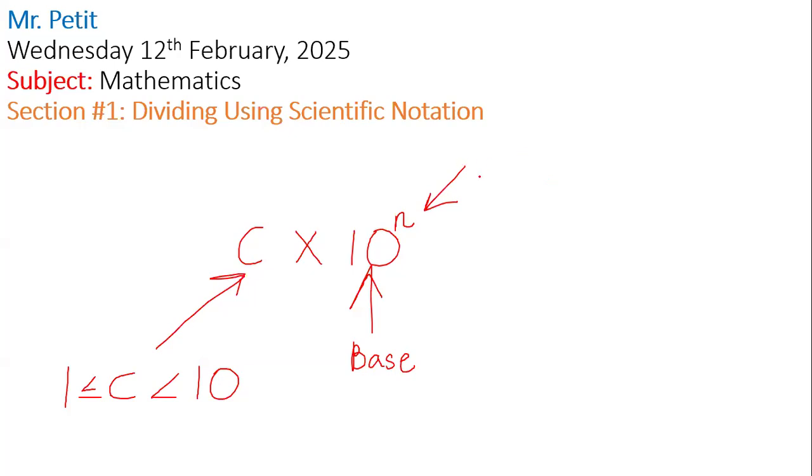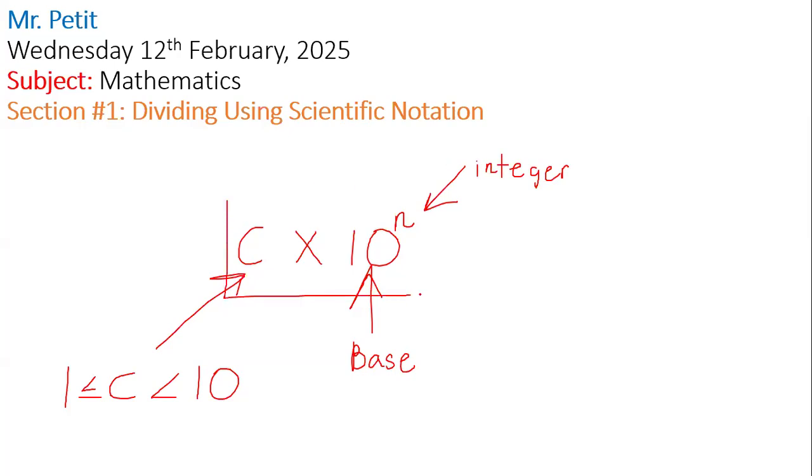What is an integer? Positive or negative, including 0, on a number line, and it has to be a whole number. So this is our formula for scientific notation.